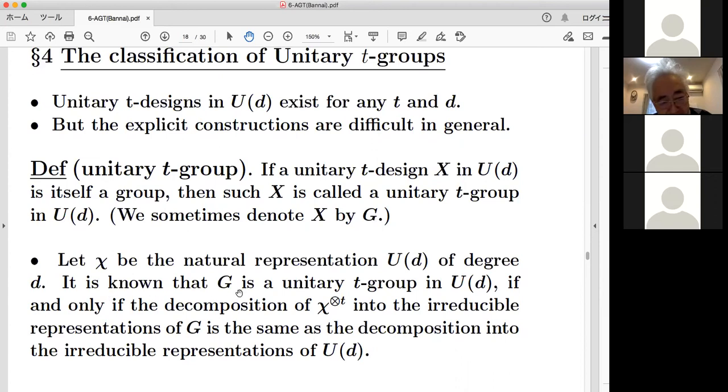It is known that G is a unitary T design if and only if the decomposition of the T-th tensor product of chi into the irreducible representations of G is the same as the decomposition into the irreducible representations of U(D).